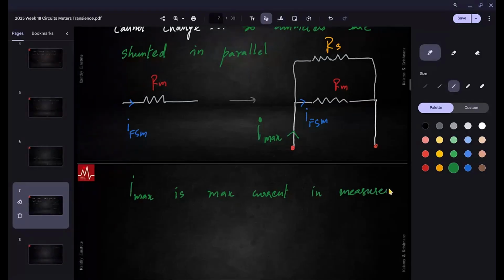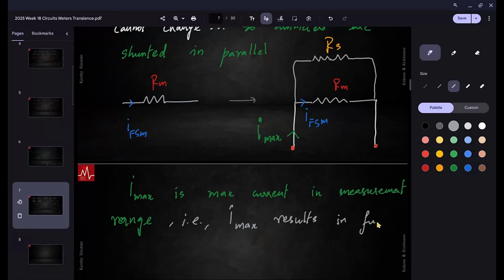In other words, Imax results in full scale deflection with the shunt.